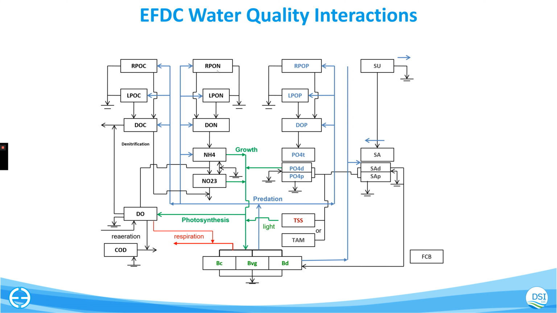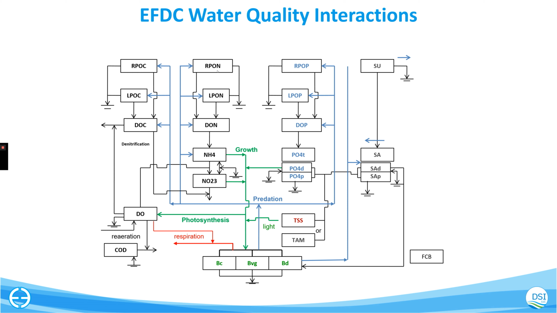As it breaks down, it produces refractory, labile, and dissolved components for all of your nutrients based on the stoichiometric ratios for the different nutrients in the different groups. So things are being eaten, it gets distributed back into the water column into these different components, and everything cycles back through.